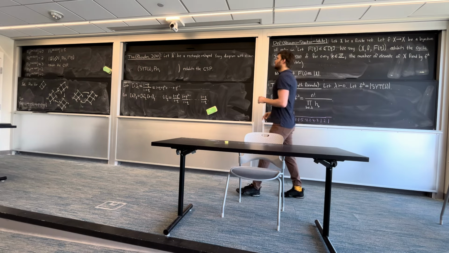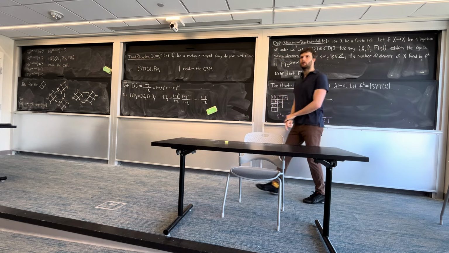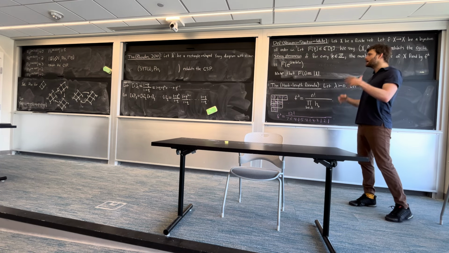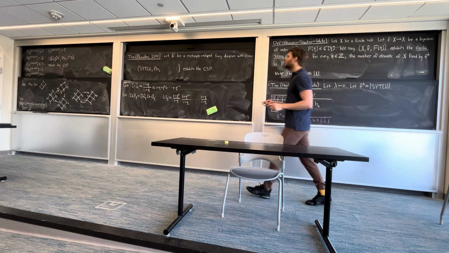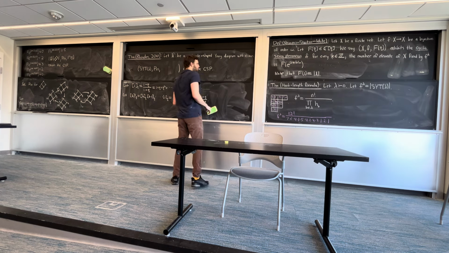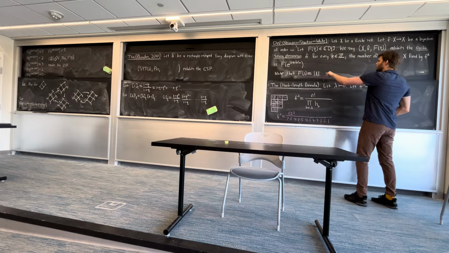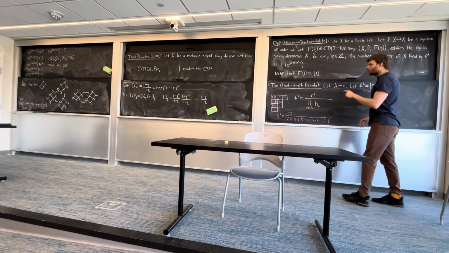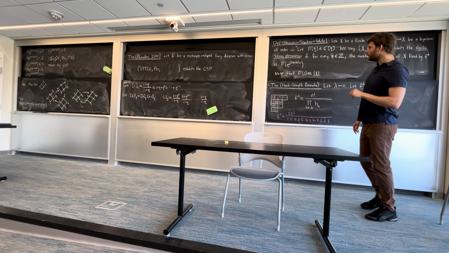There's a guess that you could make, because I need some polynomial in q, and I need it to be the case that if I set q equals 1, then I should get the size of my set, which is the number of standard Young tableaux of shape lambda.